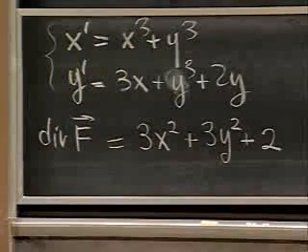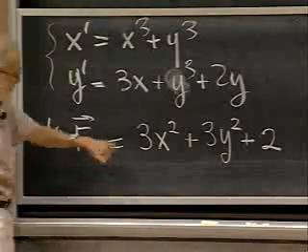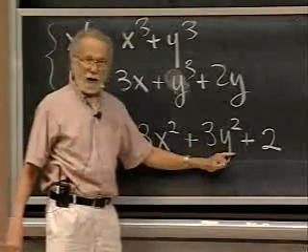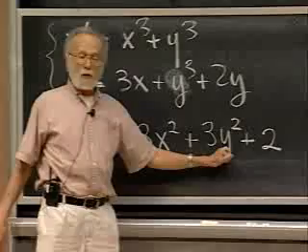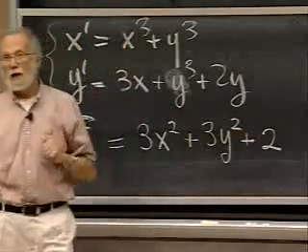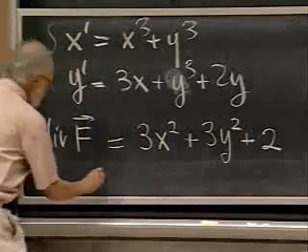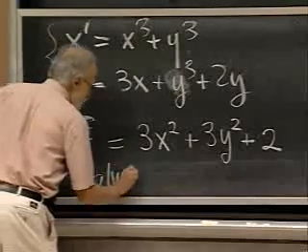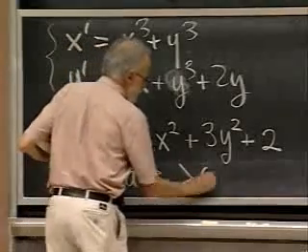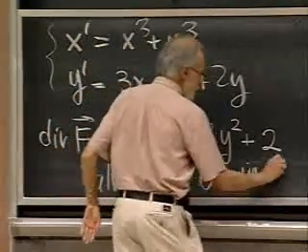Now, can that be 0 anywhere in the xy plane? No, because it's the sum of these two squares. This much of it could be 0 only at the origin, but that plus 2 eliminates even that. This is always positive in the entire xy plane.